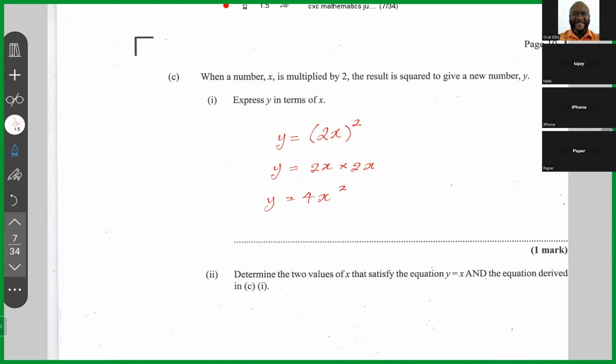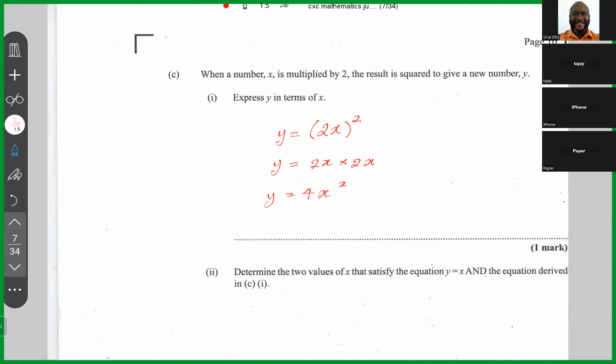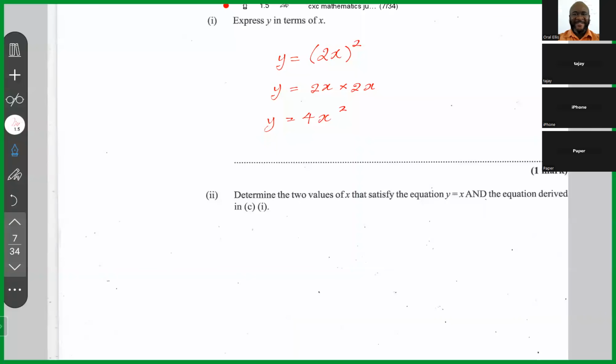It says determine 2 values of x that satisfy the equation y is equal to x, and the equation derived in part (i). So the equation derived in part (i) is y is equal to 4x squared. And this equation is y is equal to x.